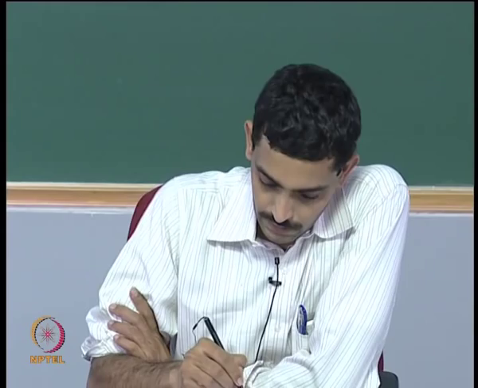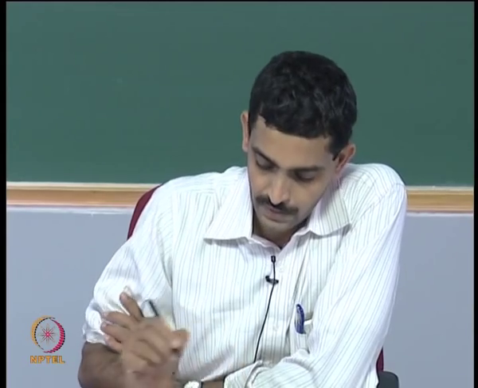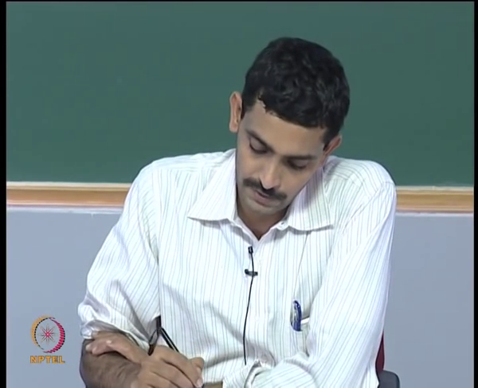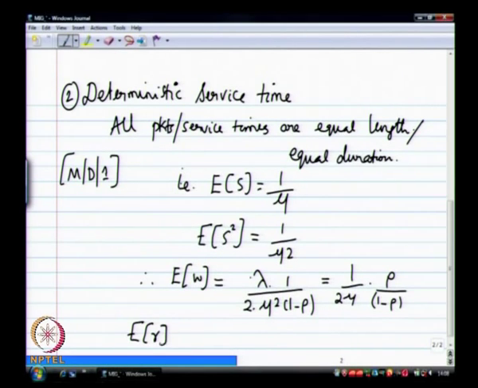This is basically the formula for the MD1 queue. MD1 occurs whenever you have fixed length packets, for example in an ATM switch, where all packets are fixed length. So what is the delay in an ATM switch? E of W is this, and E of R is simply 1 over mu plus this.